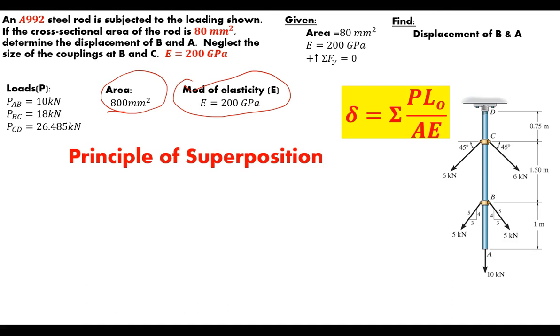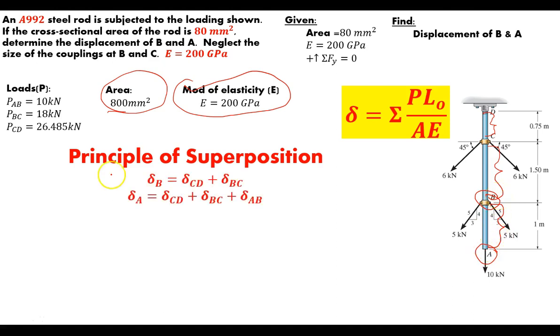So with the principle of superposition, in order to know what is going on at A as well as what's going on at B, you're going to have to find the displacement at each one of these segments, to find out how much these points are moving.